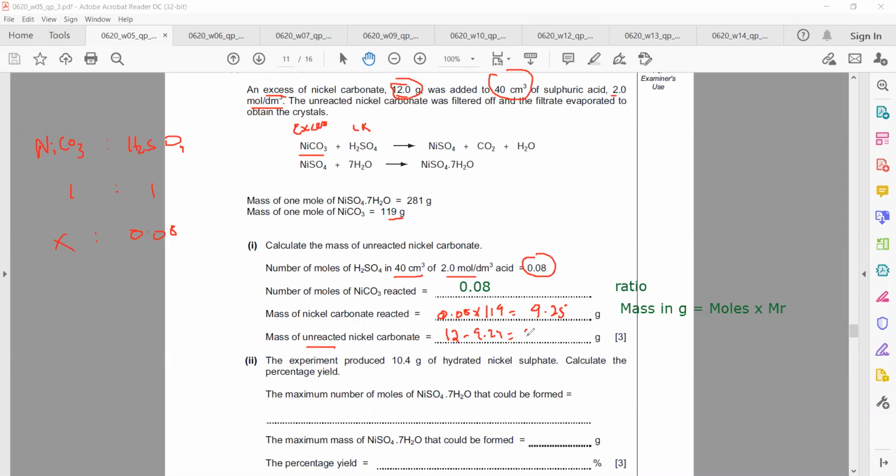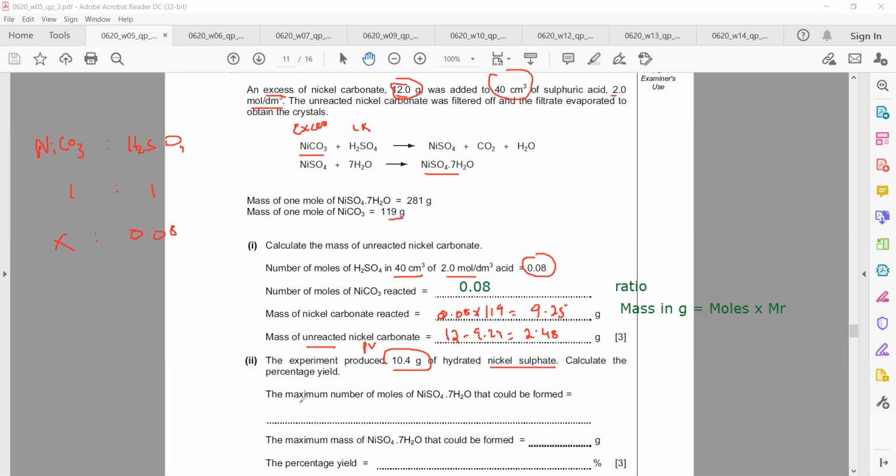That will give 2.48 grams which are unreacted. Then the next part, the experiment produced 10.4 grams of hydrated nickel sulfate. So this is the practical value of hydrated nickel sulfate, 10.4. Practically we are getting this much amount.